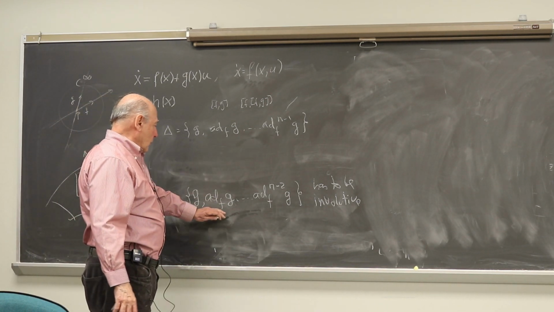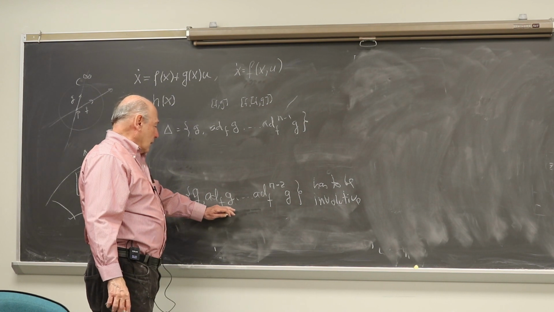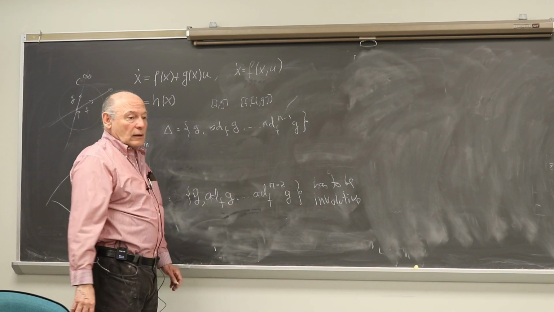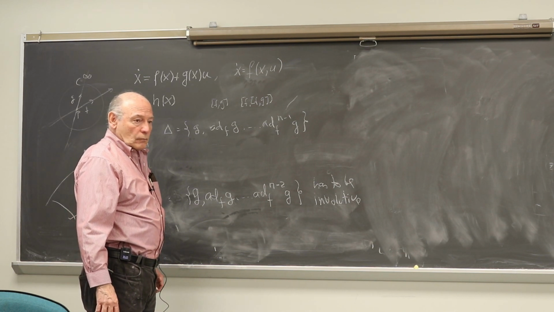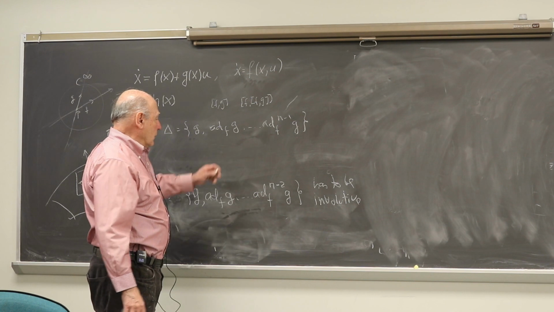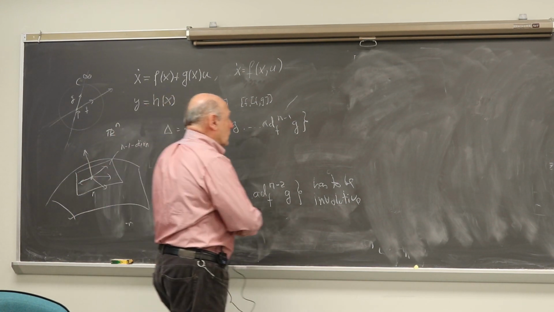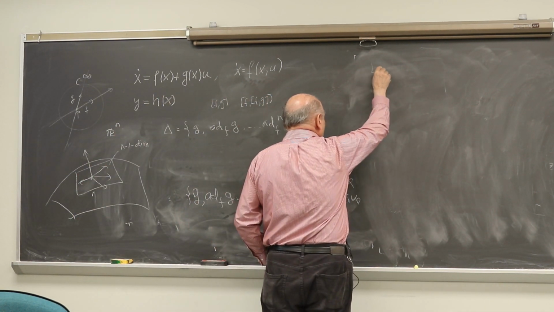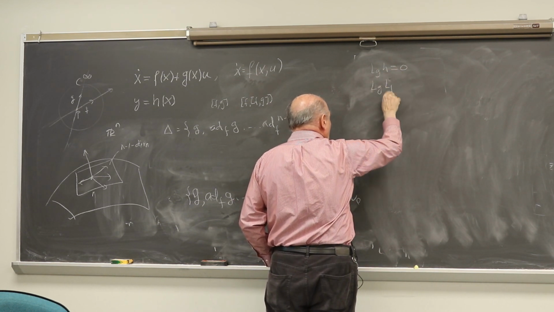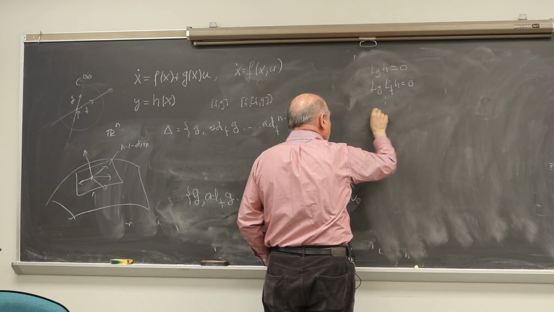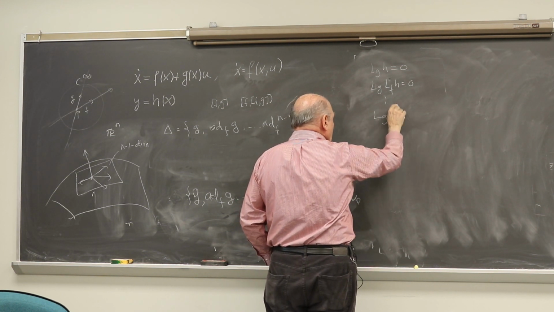Not really, because you also have to demand the corresponding involutivity condition for a smaller sub-distribution. How do you find the relative degree? Oh, I already said these conditions have to be satisfied. This is the definition, in fact, of relative degree.